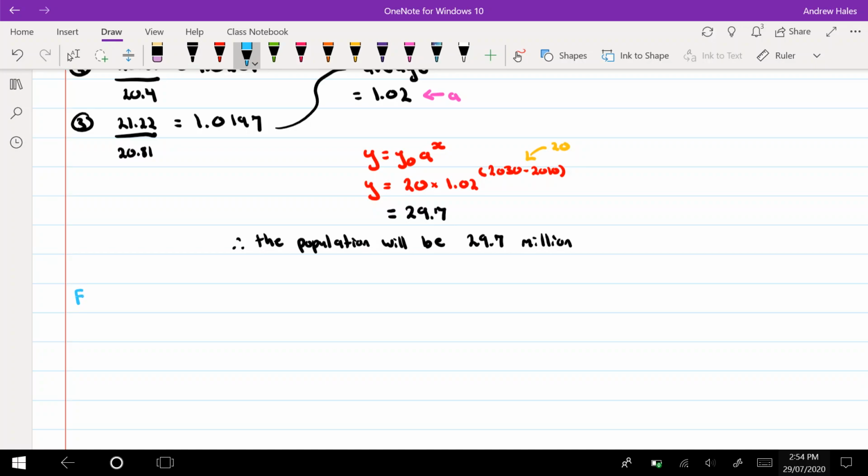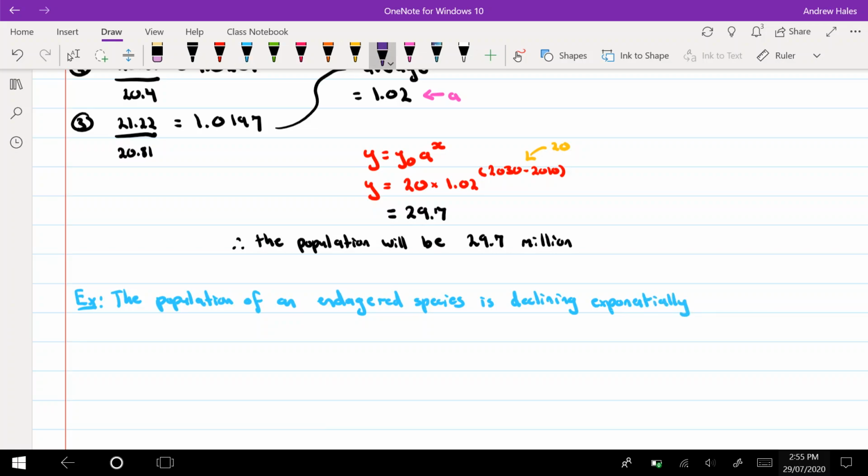Next one, let's do an example of some decay. The population of an endangered species is declining exponentially. So let's say the first one, year. Pop for population.